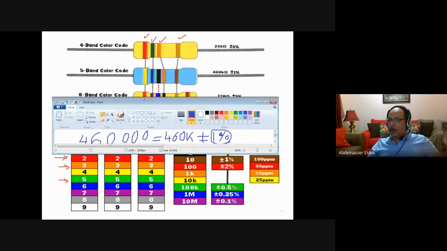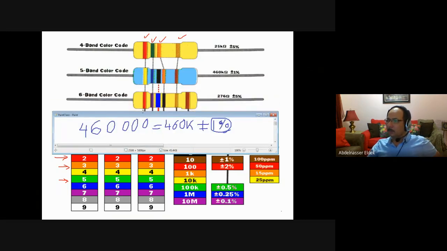Let us look at the third one, this one here. The first color is red, so it's 2. Second is purple or magenta, that's 7. Third color is blue, which is 6. And then the fourth color is black, which is 0, number of zeros, so multiplier.